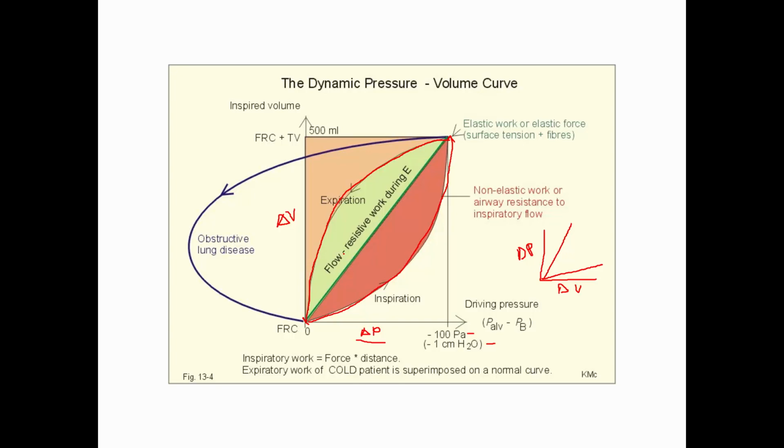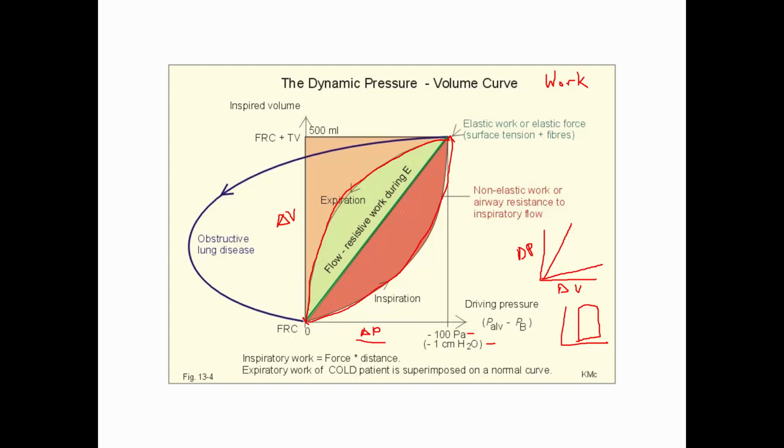Why is that? Well, when you analyze this pressure volume curve, we can get something called work and talk about the work of breathing. Just as we could do pressure volume curves in the cardiovascular system and get something called external work, we can do the same kind of things in the lungs. And what happens is the work of inspiration is determined by this entire area.